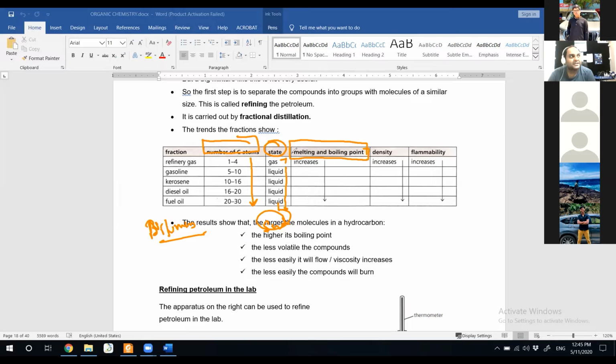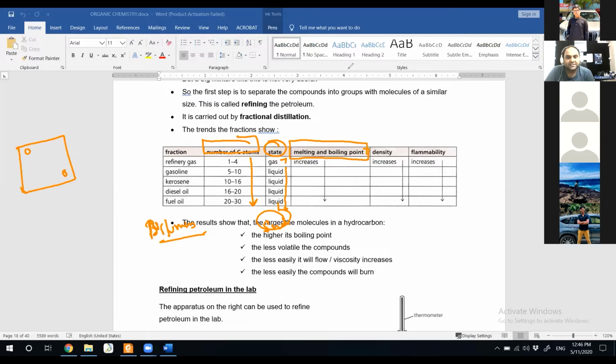Everybody else, is everybody clear about this? So why does density also increase? Since you have more atoms per volume, the density also increases. Again, it was a gas. So suppose this is a container, and you had just 2 molecules in this container.